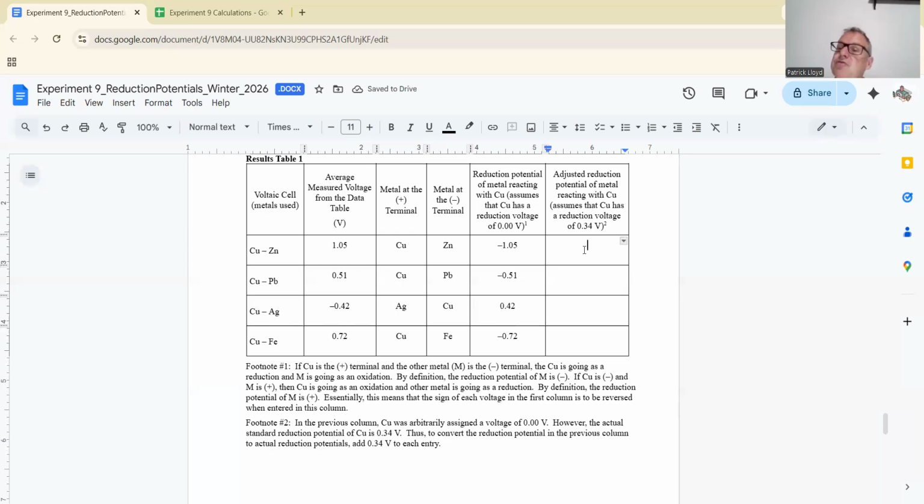Now we're going to use the actual accepted value for copper, which is 0.34. So we're just going to add 0.34 to all of these values. Let me go through this and do the calculation because I want to make sure I got it right. So negative 1.05 plus 0.34 is negative 0.71.